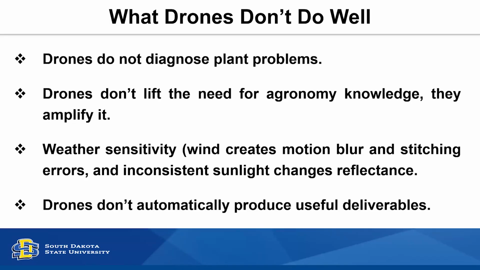Another limitation is weather sensitivity. Wind creates motion blur and stitching errors, and inconsistent sunlight changes the reflectance and can distort comparisons across dates and data. Finally, drones don't automatically produce useful products.